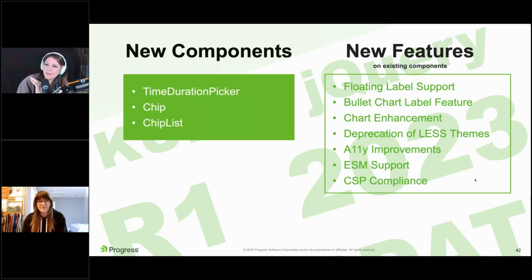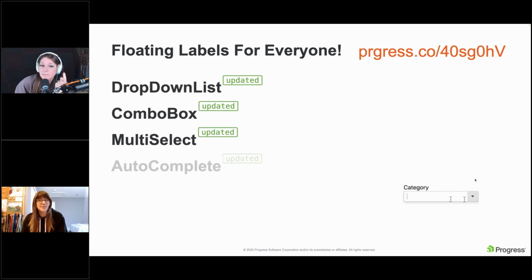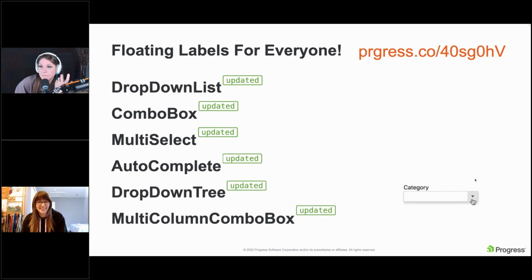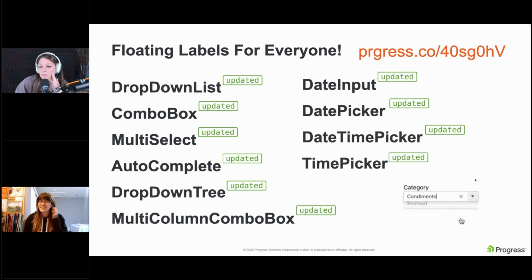So let's go and talk about some new features on existing components. Some of them look very similar, like for instance the CSP Compliance, but floating labels. I was very excited about this because it seems that everybody got a label. You can see in the GIF here where the actual description on the input, once clicked upon, turns into the label, and that's why it's called a floating label. Whatever kind of input it is, whether it's a time picker, a combo box, drop down list, as you see here, you can then choose the option and it fills in.